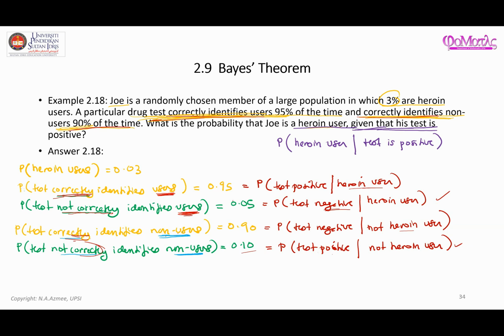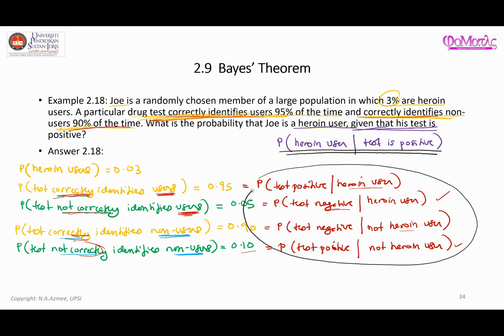So I hope you can see from this slight modification that what we want is this conditional probability of the person being a heroin user given the test is positive. But the information we have is the other way around. We have test positive, heroin user at the end of it, test negative, not heroin user, and so on. So this is a flipped scenario, which I have already demonstrated here.